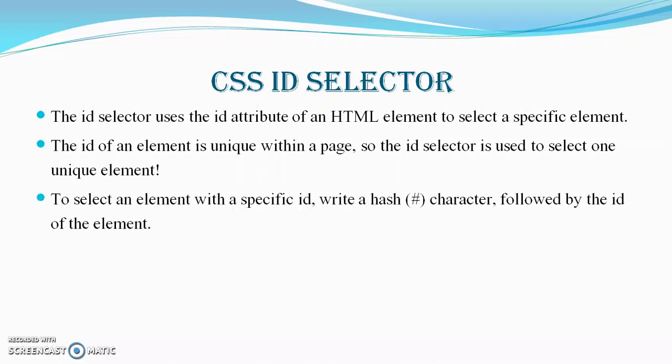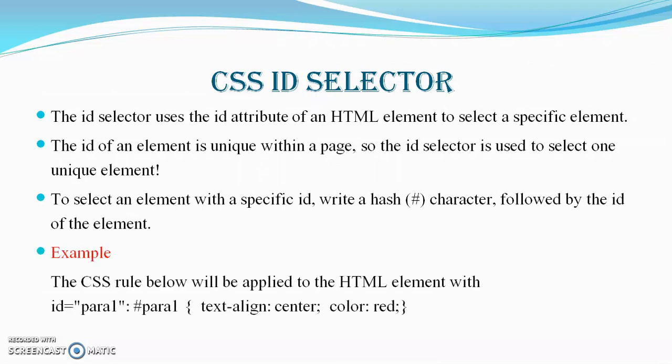It is written with the hash character followed by the ID name. For example, CSS rules below while applying the HTML with it. ID equals to, in double quote, para1, colon, hash para1 and attributes inside the bracket. That is text align center and color red.